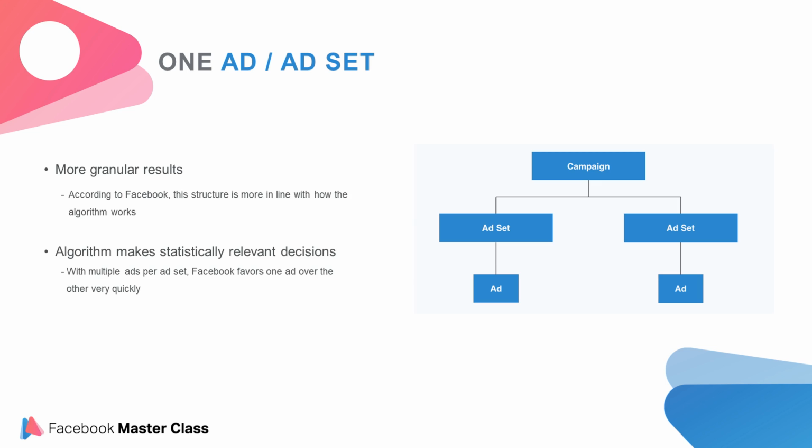So let's say you have 3 or 4 ads within one ad set. So Facebook is pushing all of those ads, but even if you're going for large audiences, after a few hundred impressions, Facebook thinks, okay, this one ad, like ad number 1, will do much better than ad number 2 or 3 or 4, for example, right?